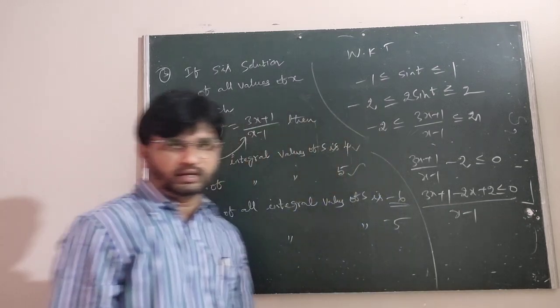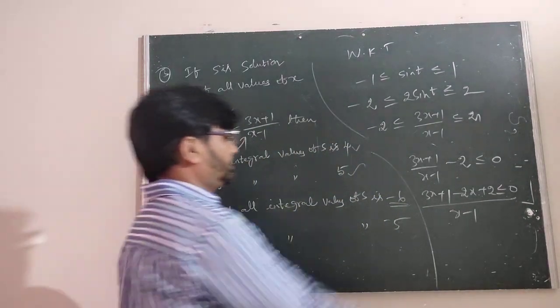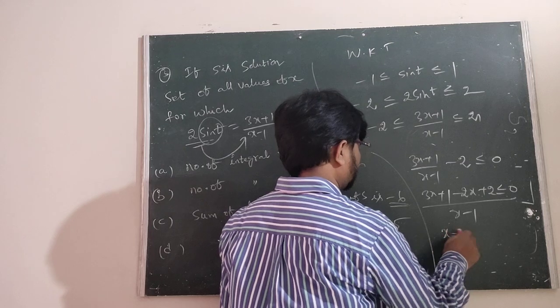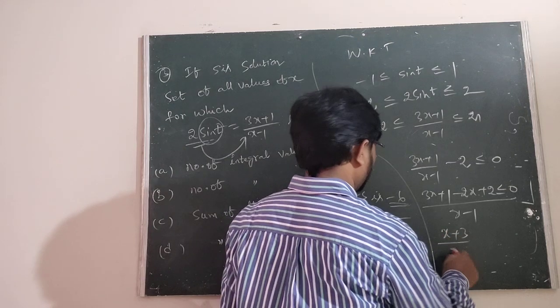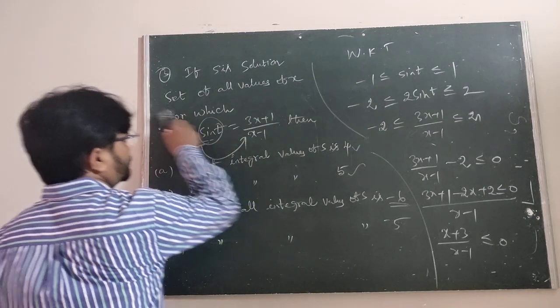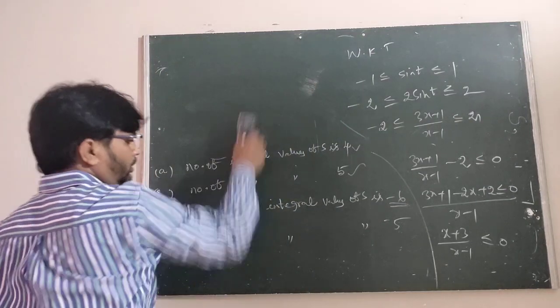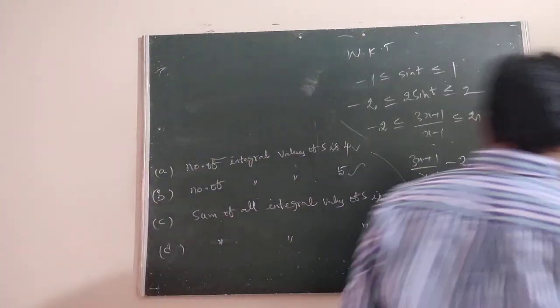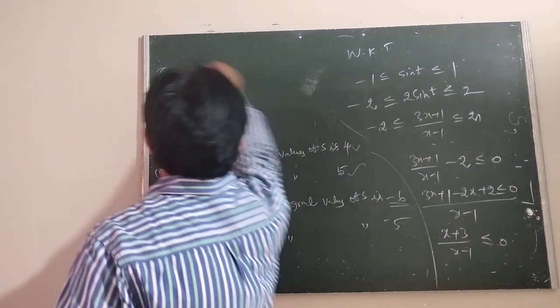Now 3x plus 1 plus 2 times x minus 1 is minus 2x plus 2 over x minus 1. Now 3x minus 2x is x, so x plus 3 whole by x minus 1 less than or equal to 0.